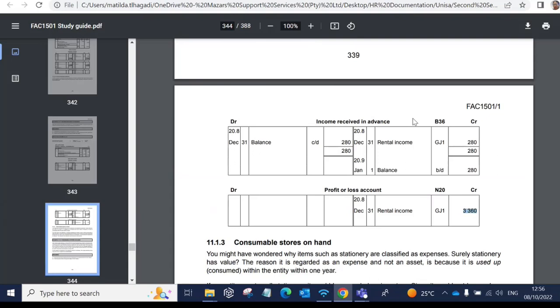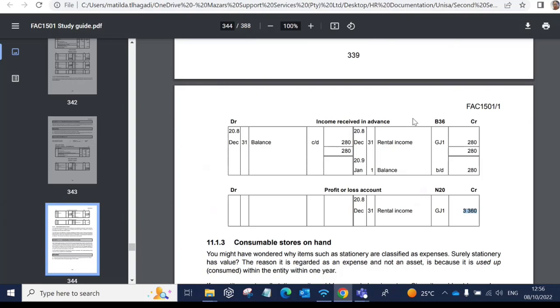So my question is, what's going to happen? I'm going to give you an example. In January, we don't receive rental income. What entries must we do in the accounts?